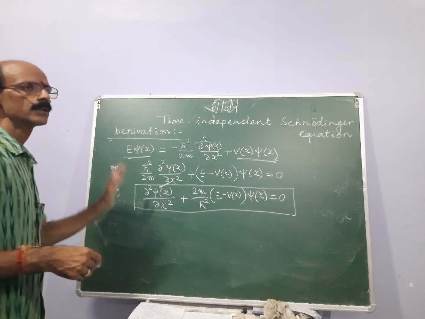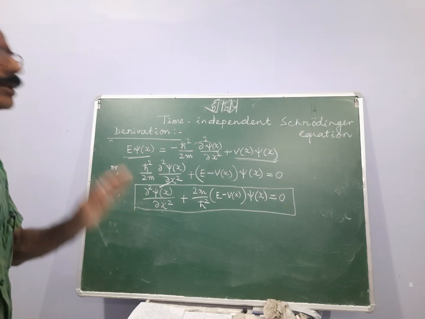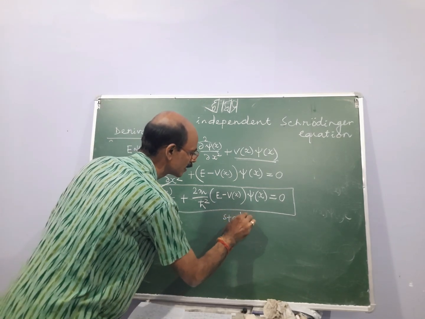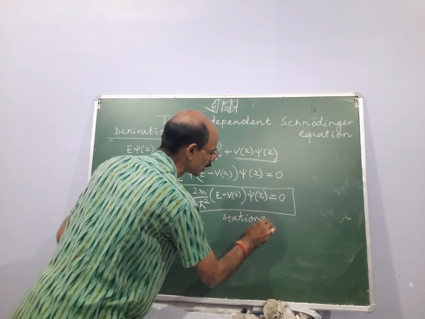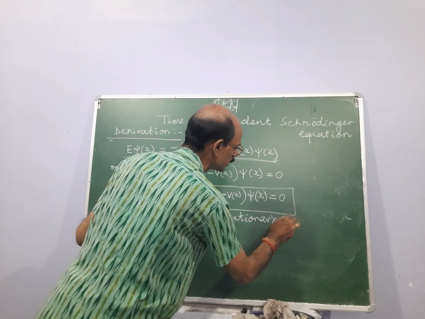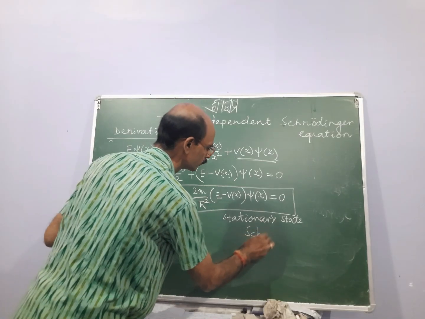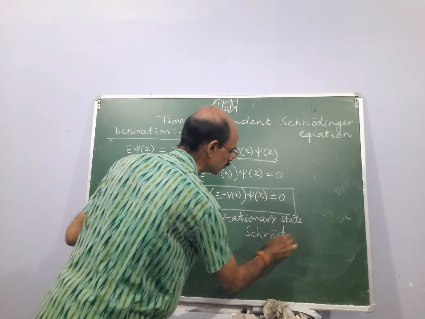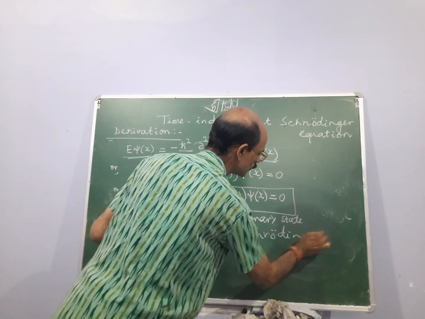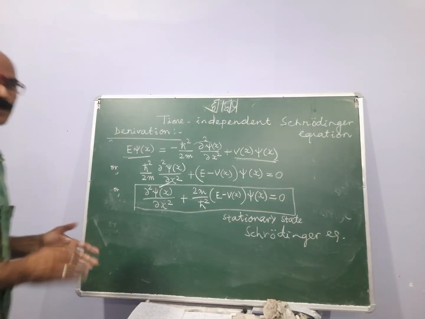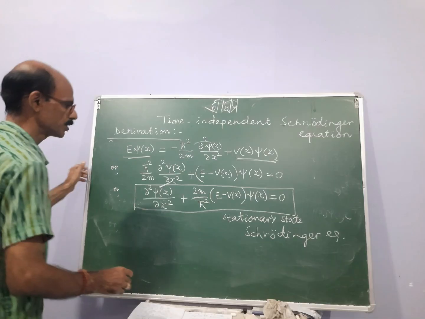Therefore, it is called the time-independent Schrodinger equation, or it is also called the stationary state Schrodinger equation. Why is it called the stationary state Schrodinger equation?